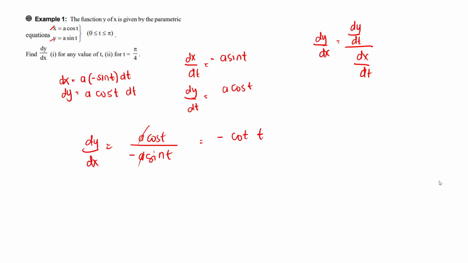The problem says evaluate it at pi over 4, so negative cotangent pi over 4. Cotangent is cosine over sine, so cosine pi over 4 over sine pi over 4, negative.